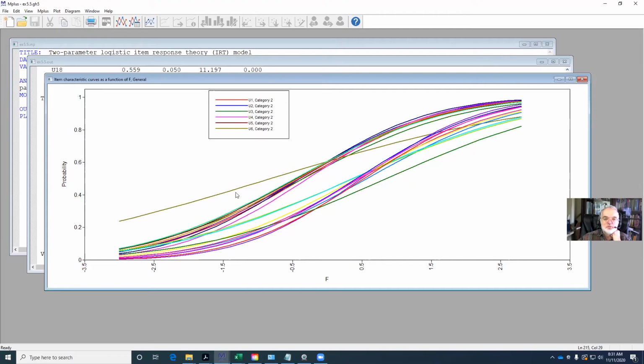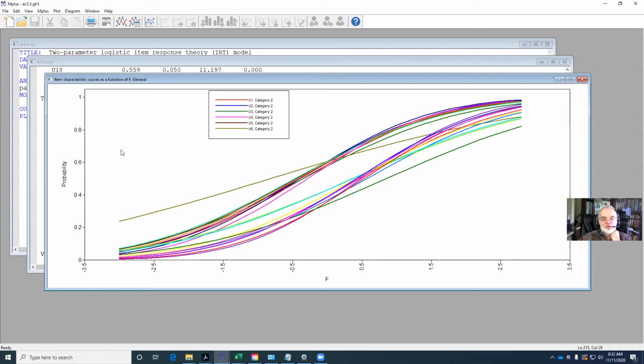So this item slope is pretty much the same over all these values, and this one has kind of an ogive shape to it. So discrimination is the ability of this latent variable to correctly identify increases in the probability of successfully answering the question.